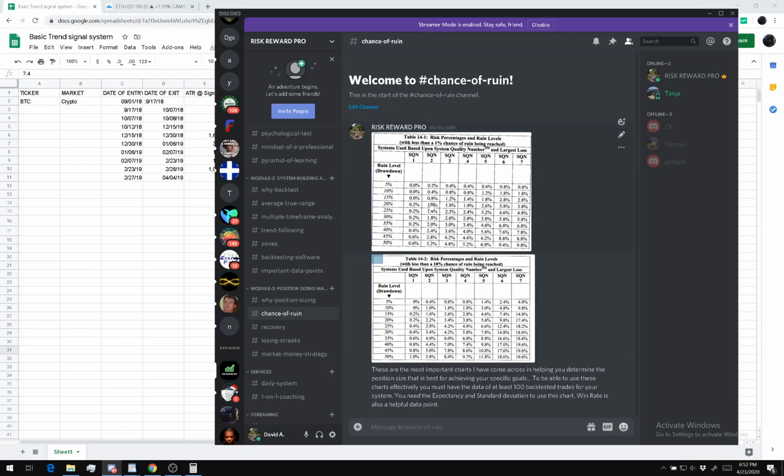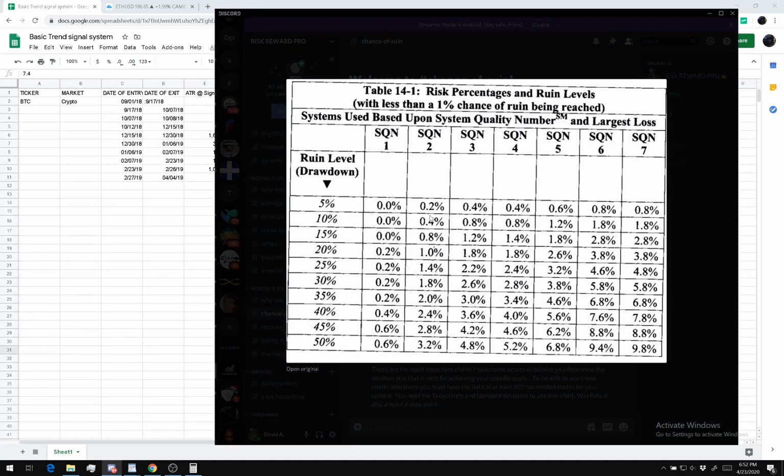Okay. So if we look at this chart, this has the different SQN scores. 7 is the high. 7 is basically a holy grail system. I don't really believe that there are 7 SQN systems out there. If you have a 3, 4, or 5 system, you have a very, very good system.